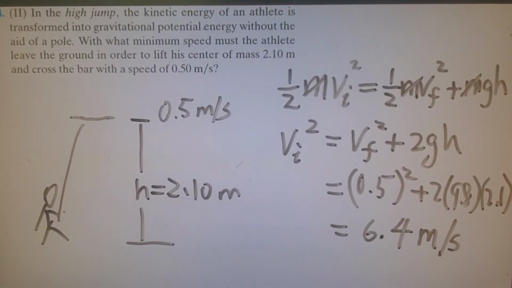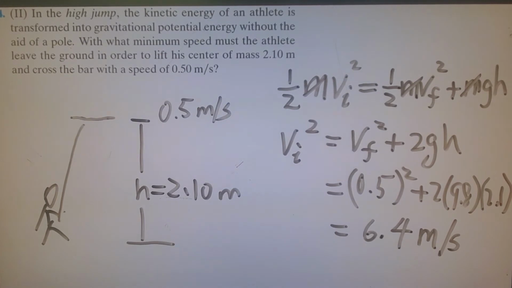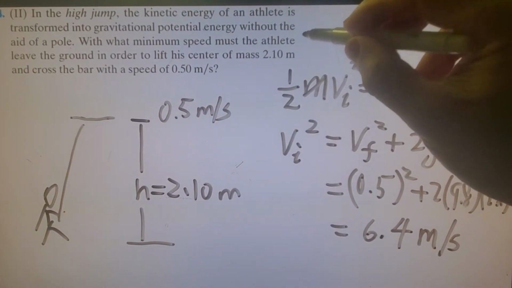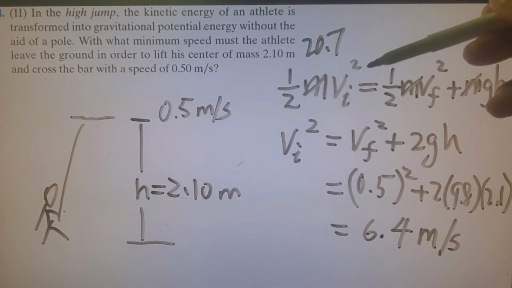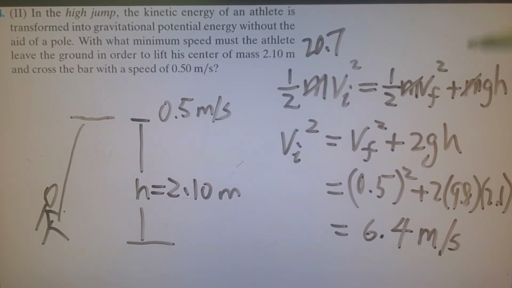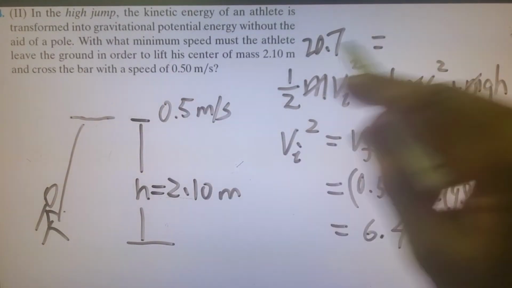I'm going to check that everything is correct. Putting in half times 6.4 squared, the left side is 20.7. Because it's energy, the unit is joules. Let's check the final side, which is half times 0.5 squared.